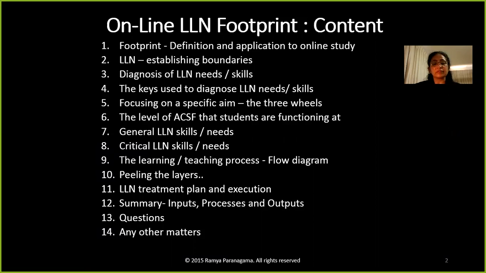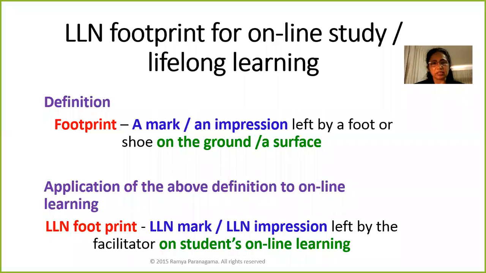Then the learning, facilitating or teaching process, for which I'm using a flow diagram. Then another model I have created, which I find very effective. Then the treatment plan and execution, which is more of a strategy. Then the summary, and finally the questions.